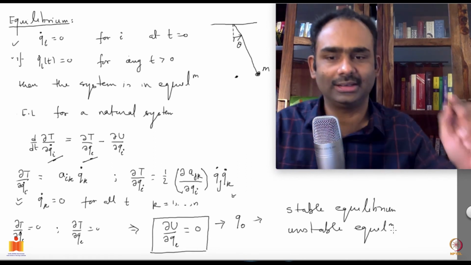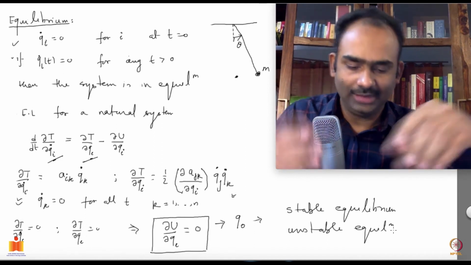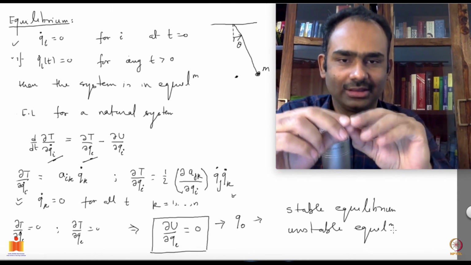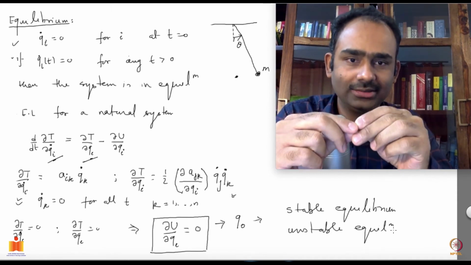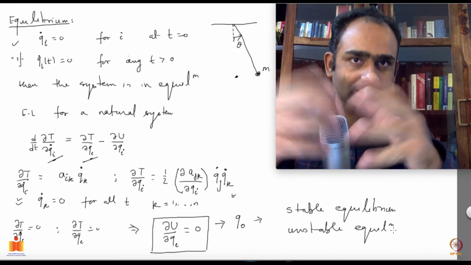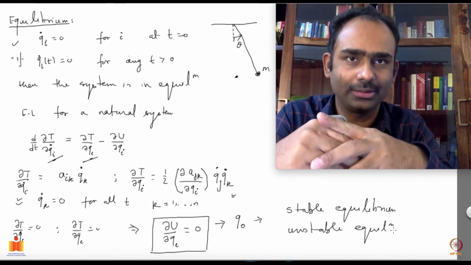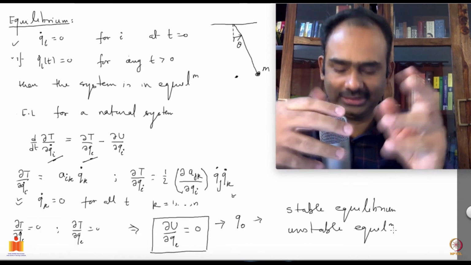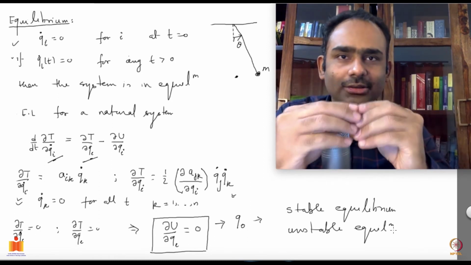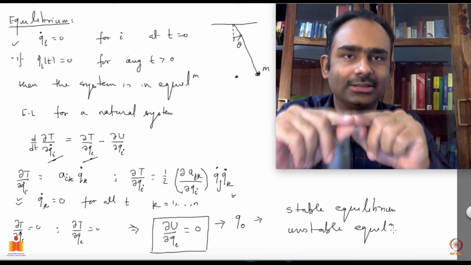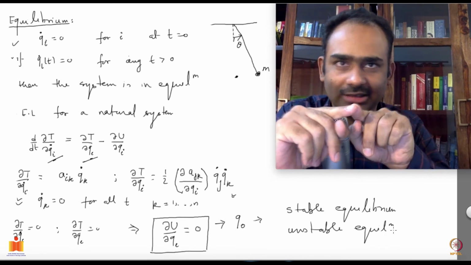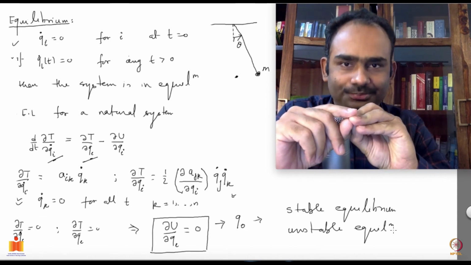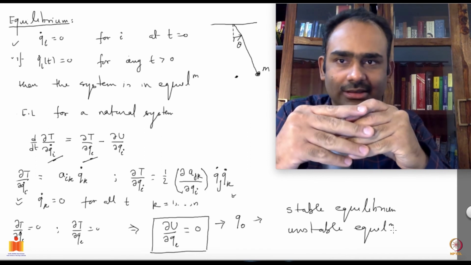And what do I mean by that? I mean the following. You put your system at the equilibrium place where del U over del q is 0, and if you put it there at rest, it remains there forever. That's fine. But let's say you displace your system from that position by an infinitesimal amount, a little bit. Now there are two possibilities.